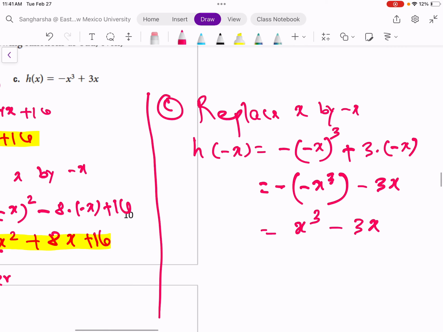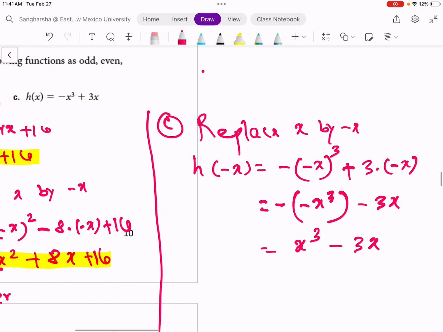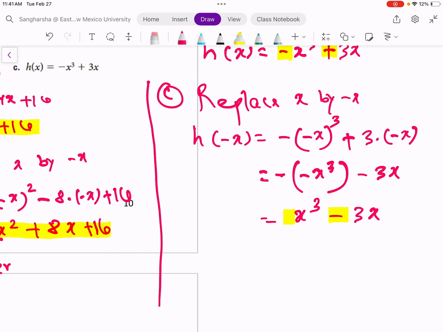Now let's compare with our original function. Our original function h of x is negative x cubed plus 3x. If the terms have exactly opposite signs, then that is an odd function. Like x cubed has a negative, here we have a positive x cubed, 3x is positive, we have negative 3x here, so we have exactly opposite signs. So what we can do here is factor out a negative.